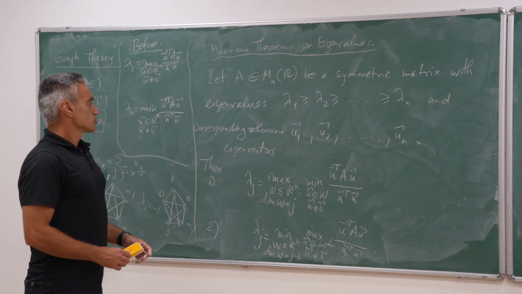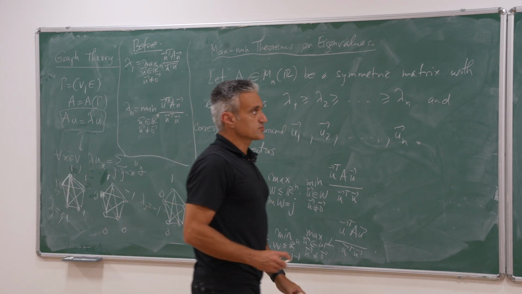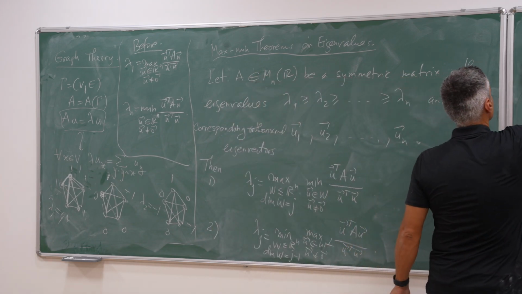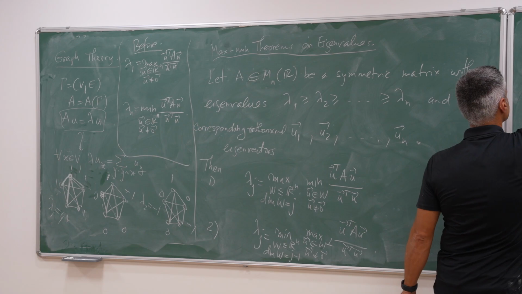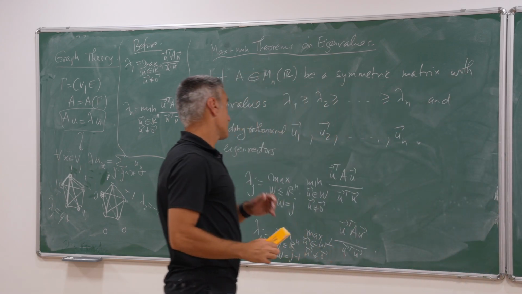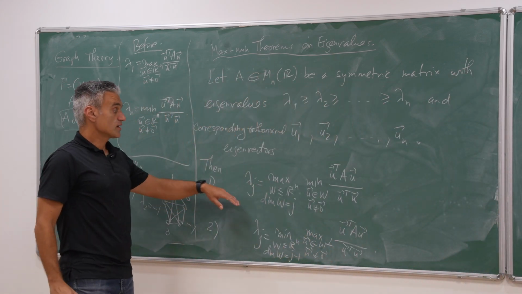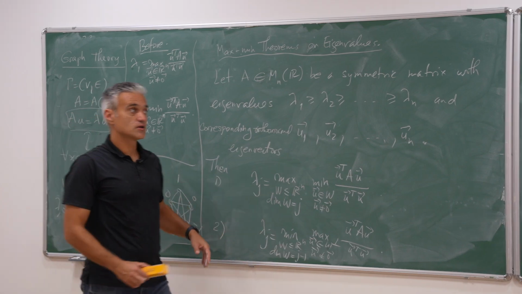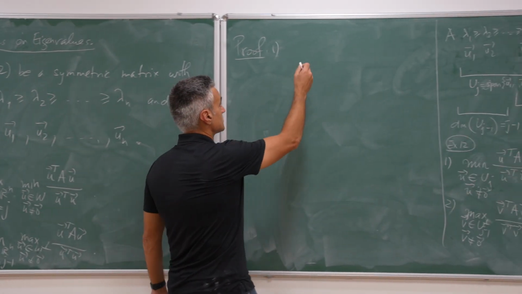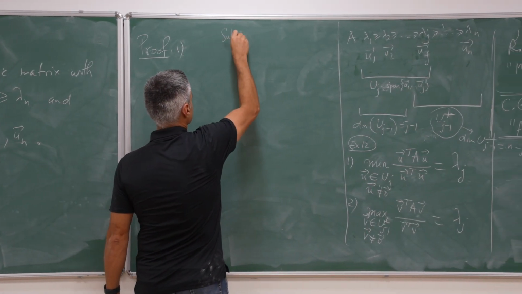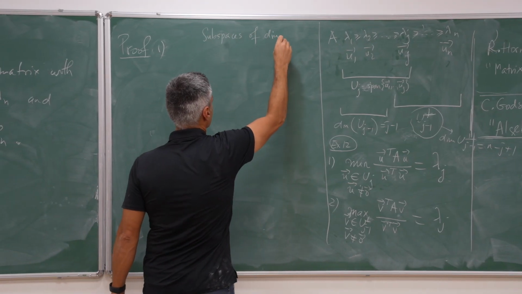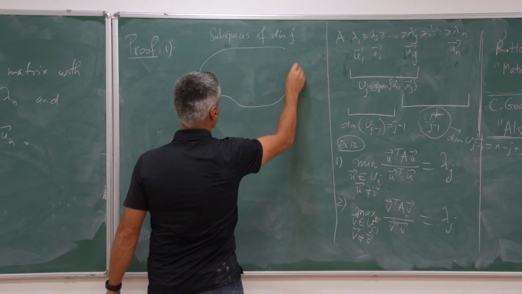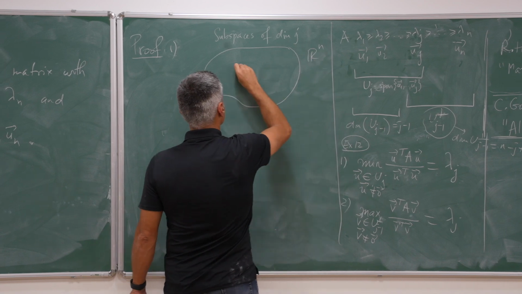Okay, so let's just do one, and then I'll leave the two for you. So proof of 1. Again, it's a maximum. So kind of informally, you have here the subspaces of dimension j of Rn.